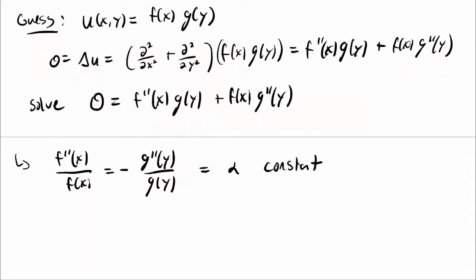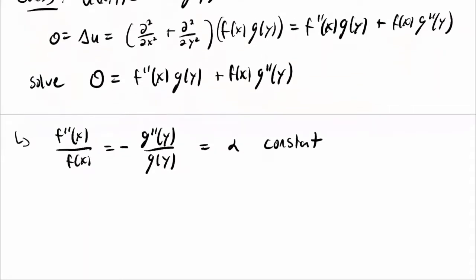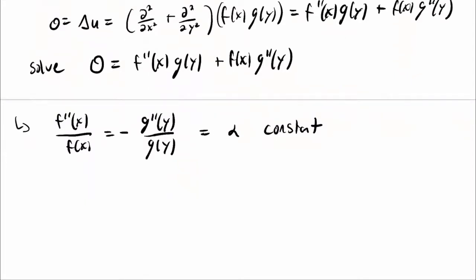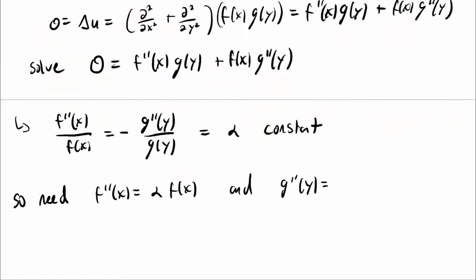right? And so if I use this observation, well, f prime prime of x has to equal whatever this constant alpha is times f of x, and also g prime prime of y has to equal the negative of alpha times g of y.